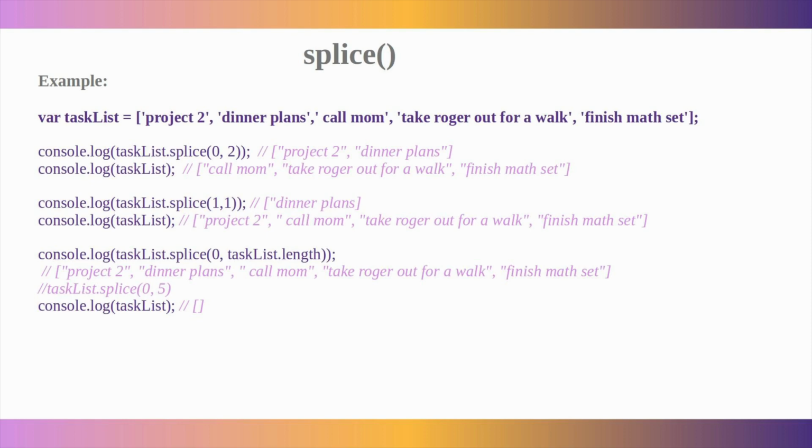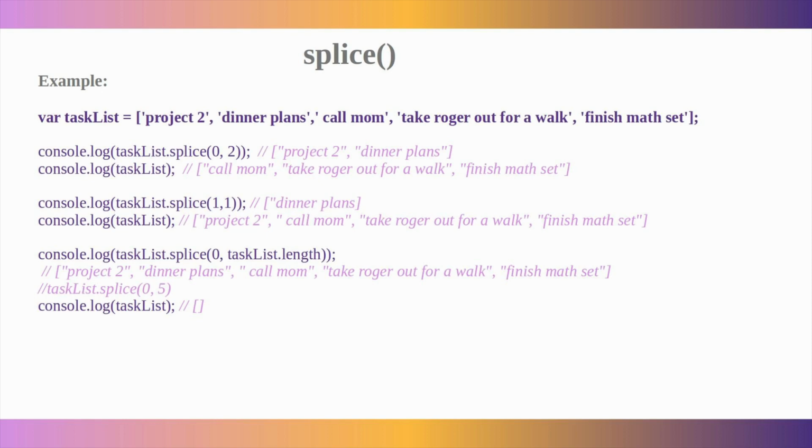And in our last example, we call the splice method on the task list array starting from position 0 and taking the entire content of the array as the number of items to remove as represented by tasklist.length. Because if you remember, tasklist.length will give the number of items in an array.